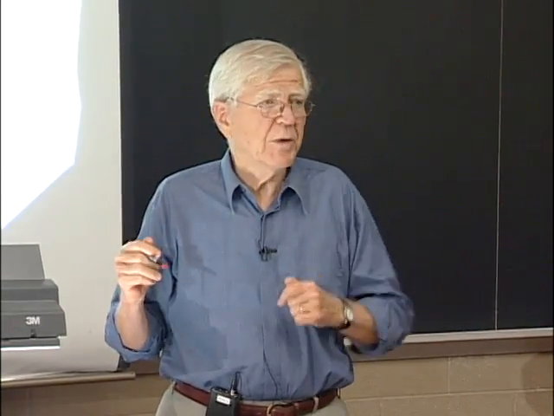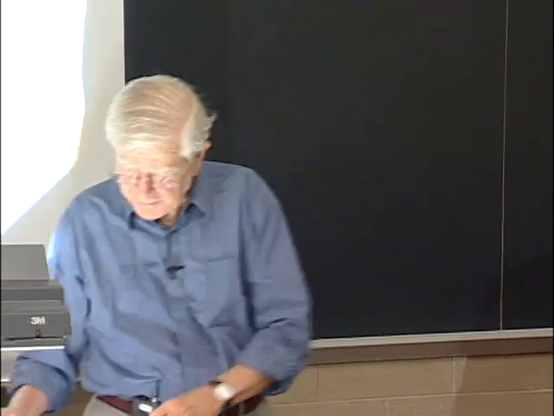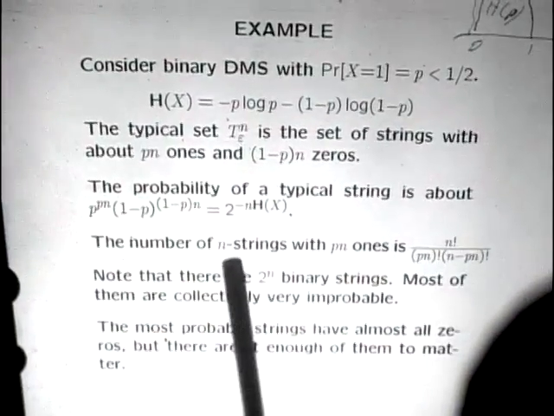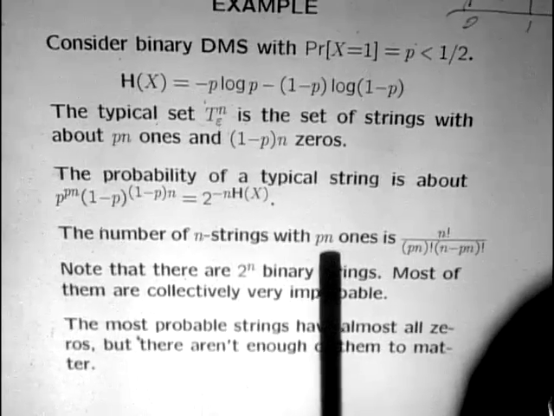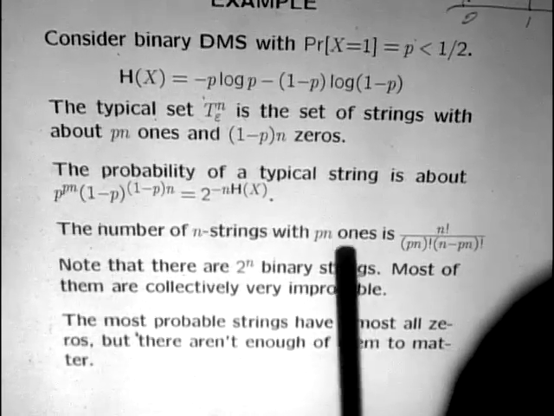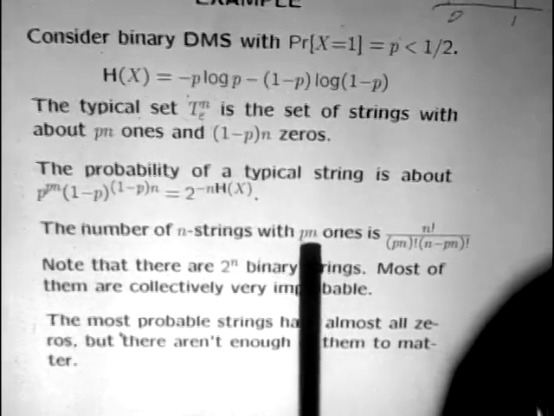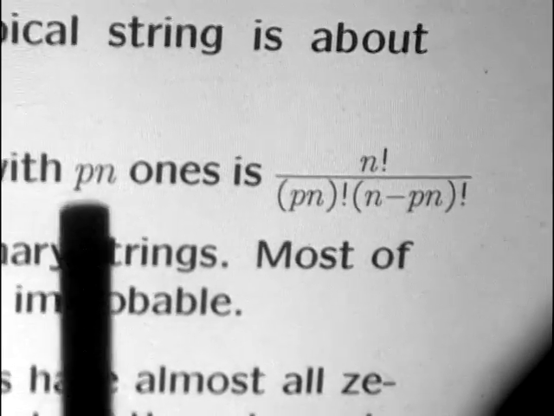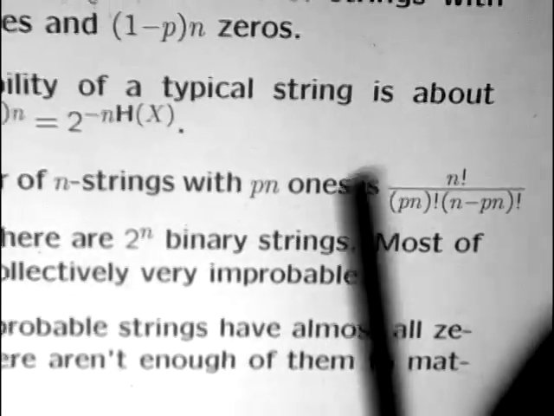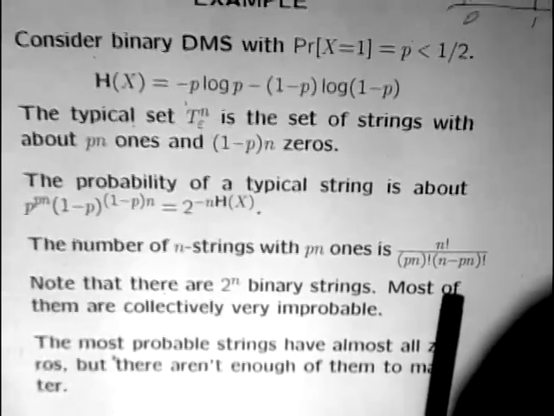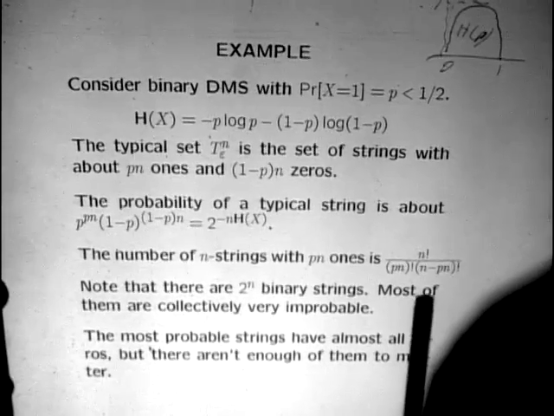And those are the sequences we're talking about. So there are this many sequences, all of which have that many ones in them. And there's a similar number of sequences for all similar numbers of ones. Namely, if you take Pn plus 1 and Pn plus 2, Pn minus 1, Pn minus 2, you get similar numbers here. Okay, so those are the typical sequences.